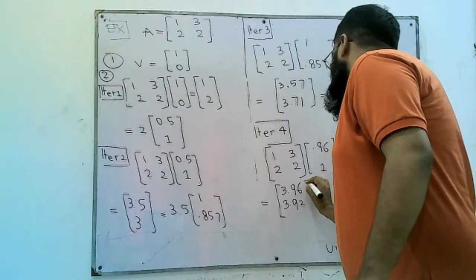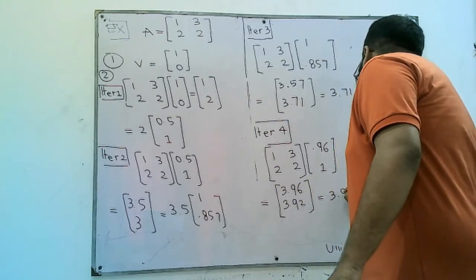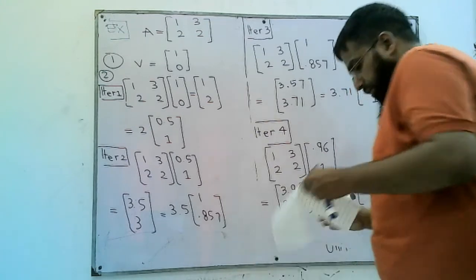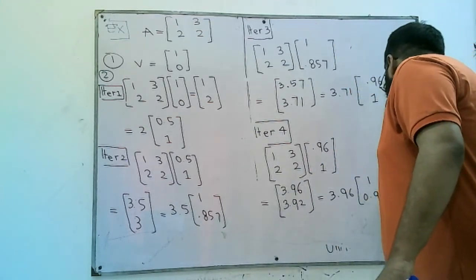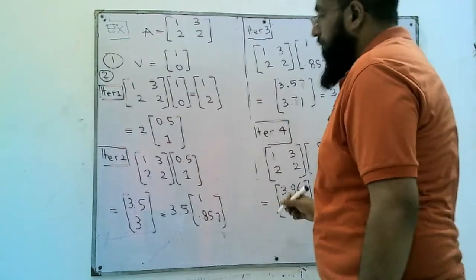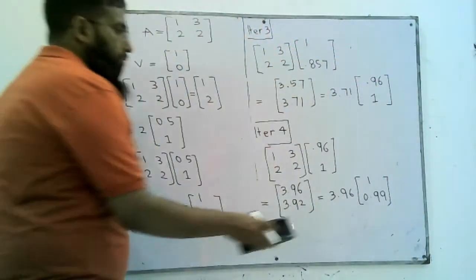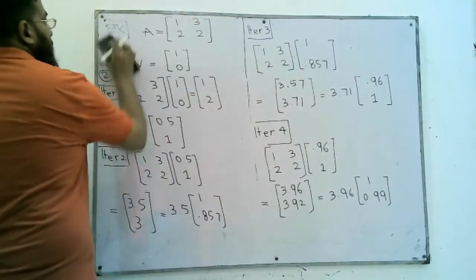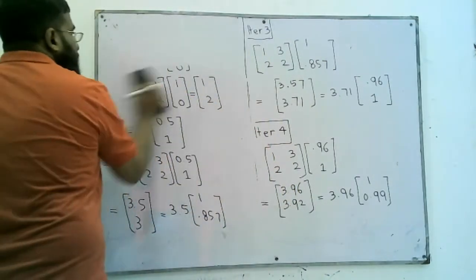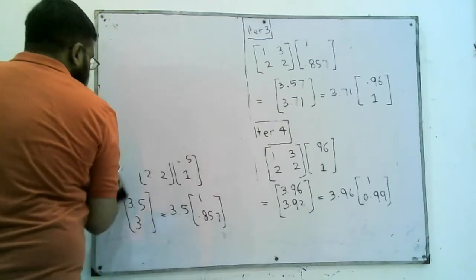Take the largest value, 3.96, common. The rest is 1 and 0.99. So it seems that we are converging to an eigenvector [1 1], but we haven't yet converged to that value, so we'll keep on moving.